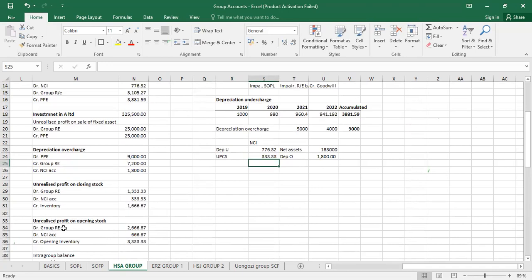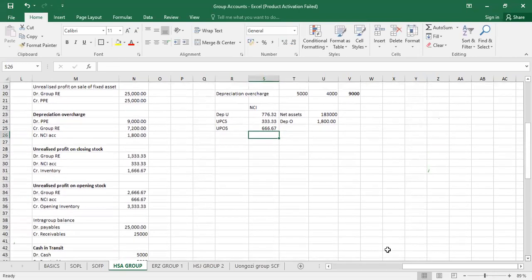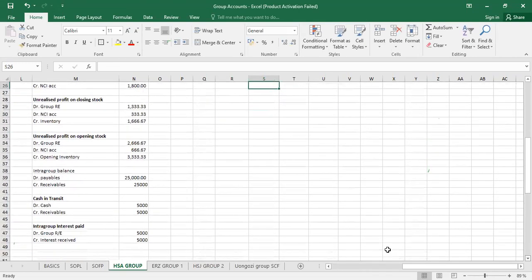Then we debit unrealized profit on opening stock, the one that goes to NCI alone, this one here. Then there is nothing else that goes to NCI.